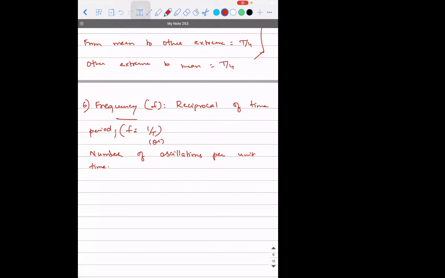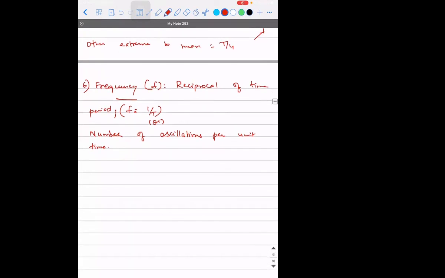What is the SI unit for it? Hertz. It is actually second inverse, or hertz, Hz. Is this clear, guys? So these are the main terms related to oscillatory motion.